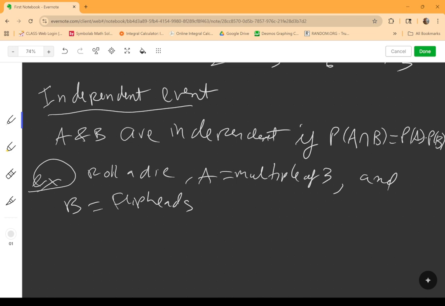So in this case, if you're playing a game and you're doing these two things, rolling the die, flipping a coin, what's the probability of A intersection B happening? Well, we do these separately. So the probability of rolling a multiple of 3 would be 1/3, right? We get either 3 or 6, and then times 1/2, so we get 1/6. Both of these happening.